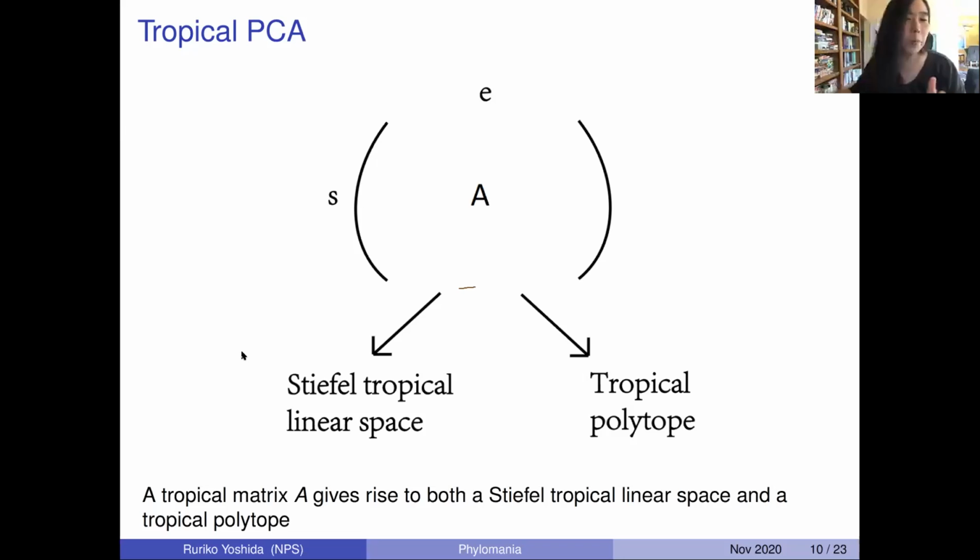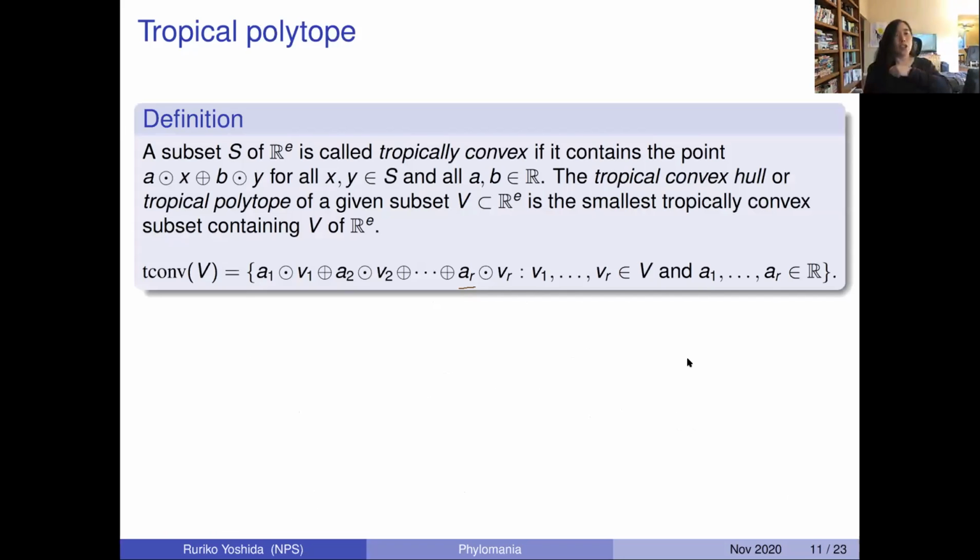But the tropical polytope is much more suitable for the space of ultrametrics, so we focus on the tropical polytope, and I will talk about why this makes more sense. So the tropical polytope, or tropical convex hull, is the tropical convex hull of finitely many vertices, defined as this.